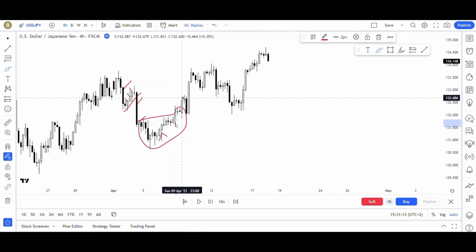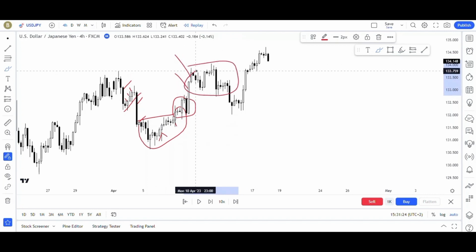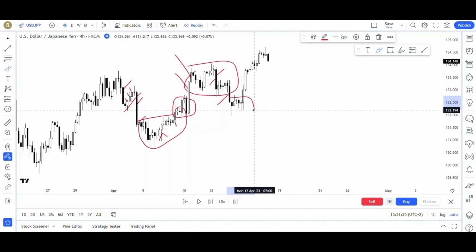Then we have this order block here. After that order block we have a new ERC candle, ERC plus momentum, this one as well. Then we have some small moves, but in that small move we had a momentum and ERC candle, this one here, and then another momentum and ERC candle. Then we have a small order block right here.